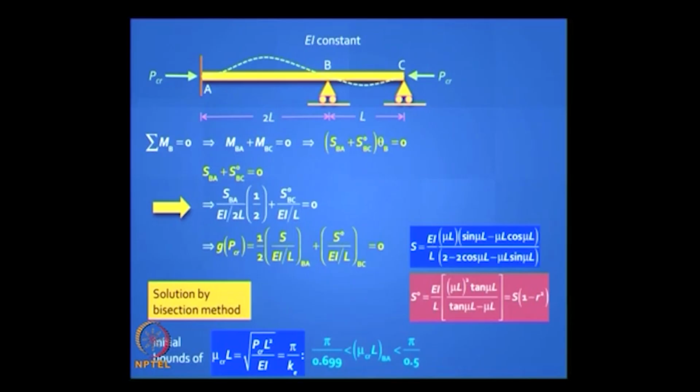So my initial bounds, as you rightly said: mu L is root of P critical L squared by EI, which I can write as pi by K E, because P critical can be written in that fashion. What is Euler buckling load? Pi squared EI by L squared. If you plug that in, it will look like that.